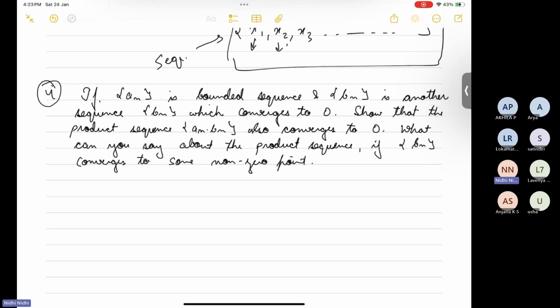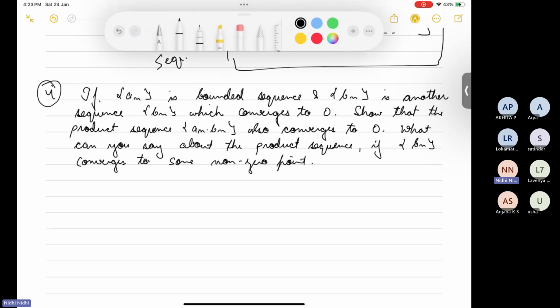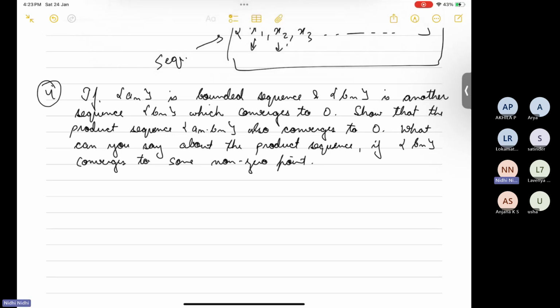Now we are given two sequences an and bn. The sequence an is bounded. We do not know whether it is convergent or not. All we know is that it is bounded.